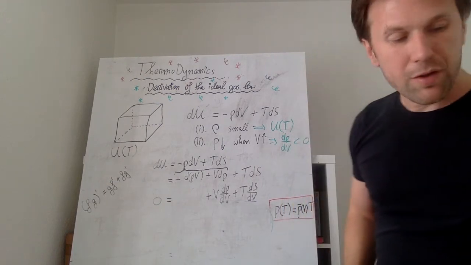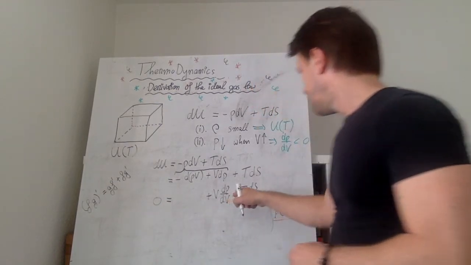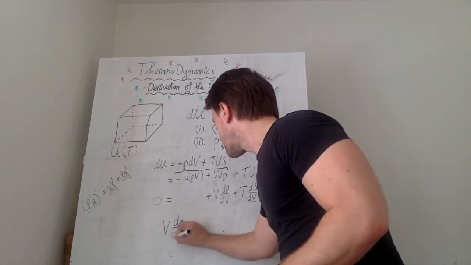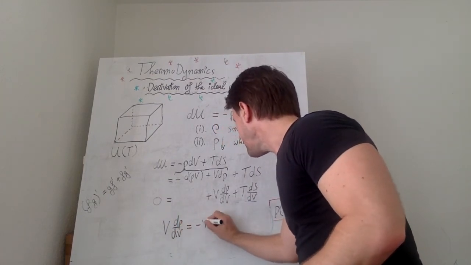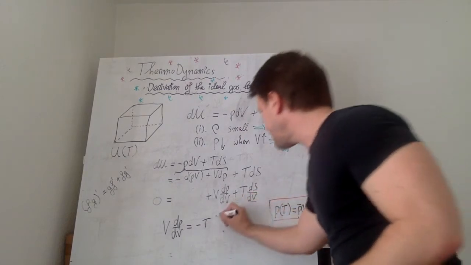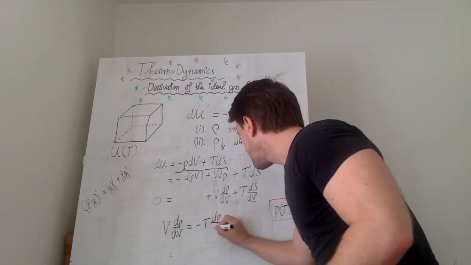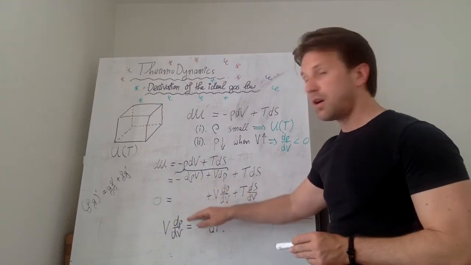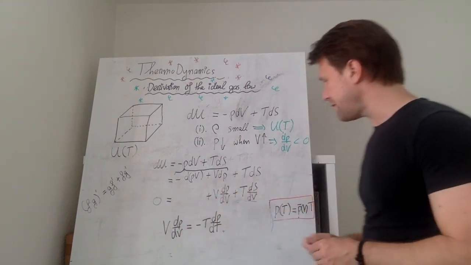And the remaining equation is then the following. I have V dP/dV, let's put it on one side, equals minus T dS/dV, but I'm going to use this Maxwell relation again. That tells me that it is this. So this first law under this assumption has now become this.